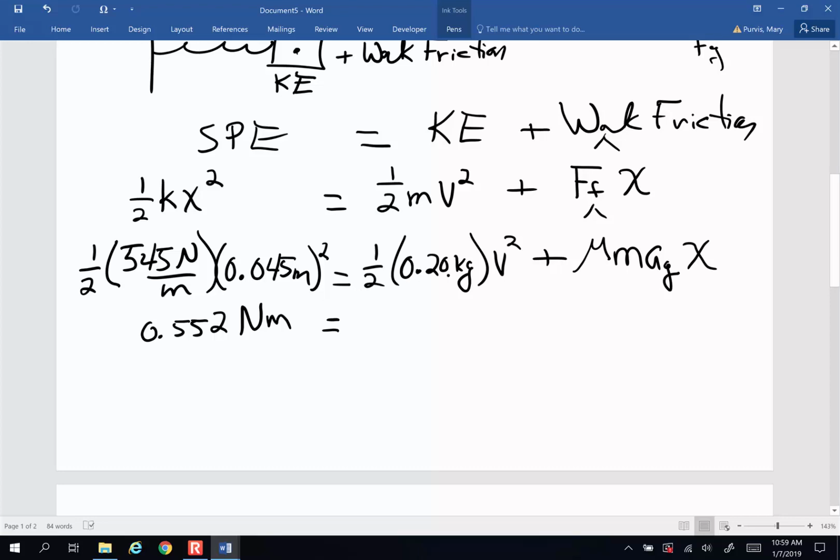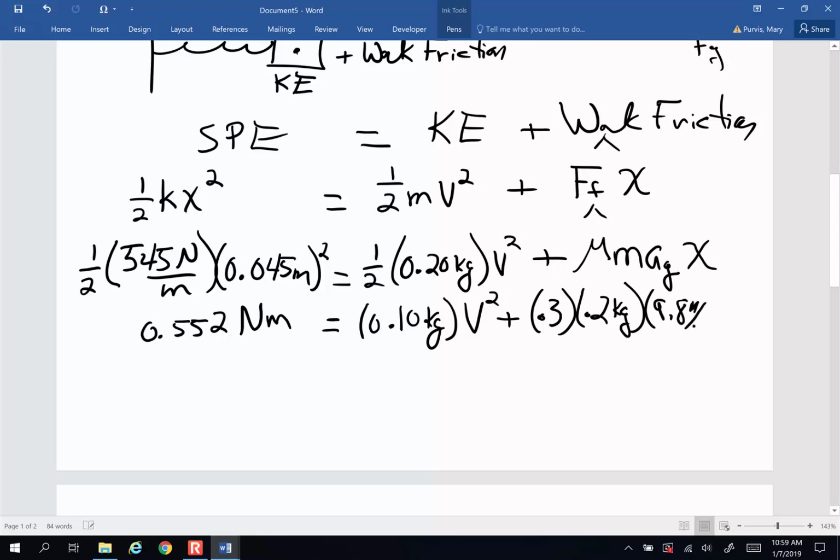Half of 0.2 is 0.1 kilograms times v squared, and I'm looking for v. This is my unknown. My mu is 0.3. My mass is 0.2 kilograms, and just because I'm running out of space, I'm not writing down all of my digits. Gravity is 9.8, and how far does it move? 0.045 meters.